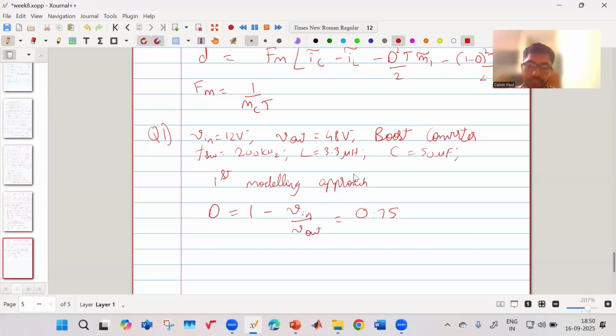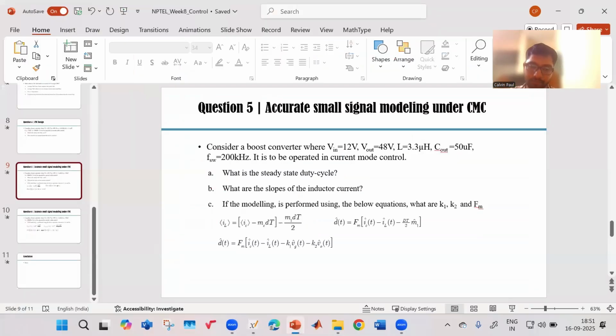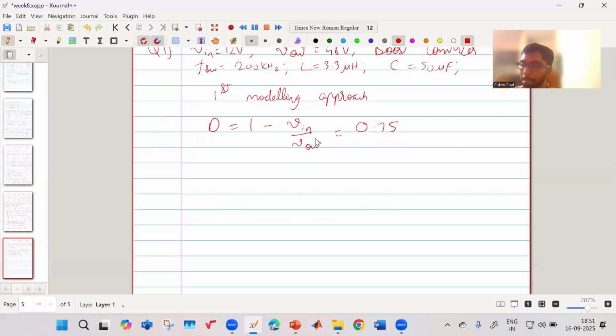Now, this is a boost converter. So what are the slopes of the inductor current? During on time, it is V in by L. M1 equal to V in by L. Okay, I think Parvati is also working on boost, right? So let her tell what is the falling slope then.